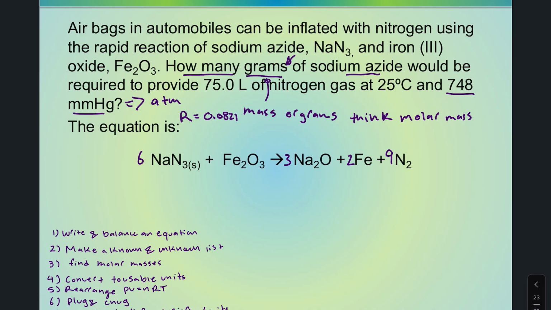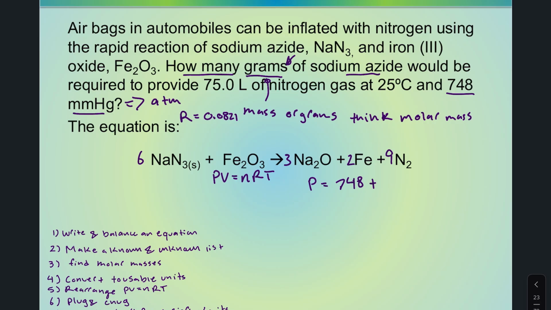The next thing I want to do is make a list of all the things that I have and all the things I don't have, all my knowns and unknowns. So if we're talking PV equals nRT, my P, do I know that? Yes, I do. That's 748.